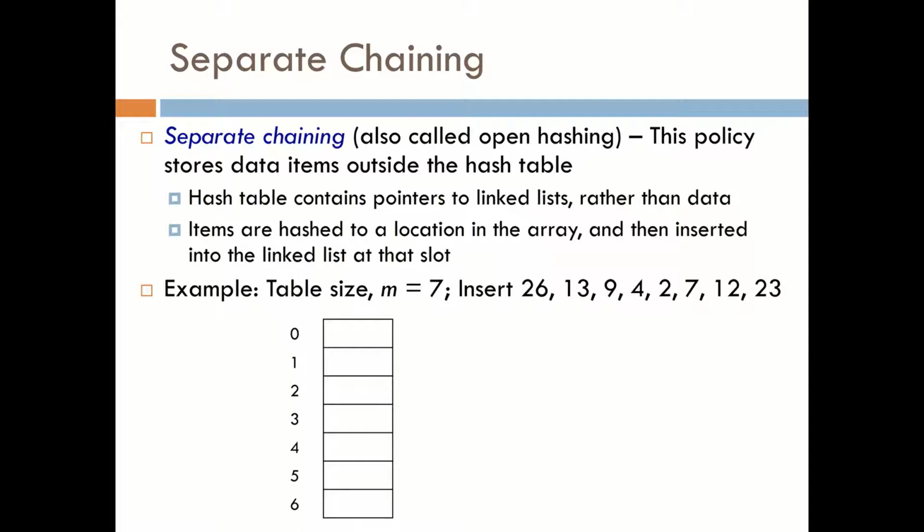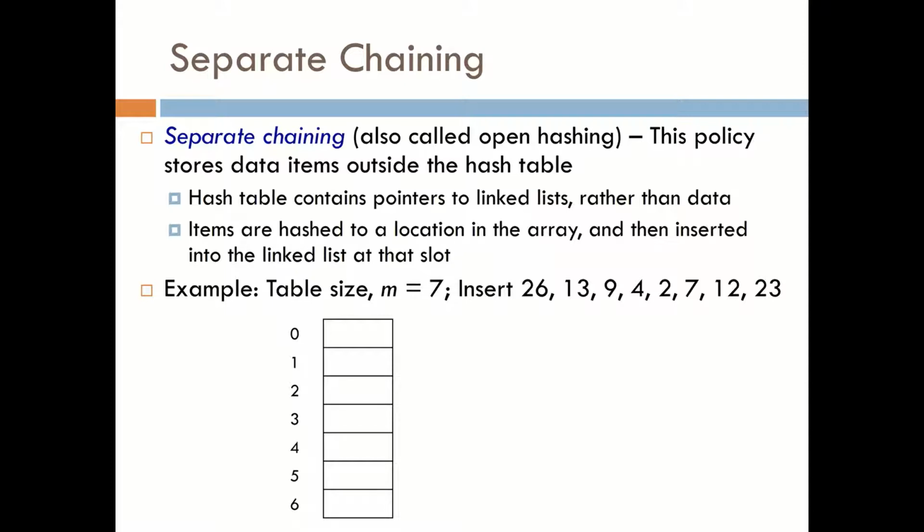So we've picked a prime number 7, and we have allocated our table. And we're going to insert the values 26, 13, 9, 4, 2, 7, 12, and 23 in that order into this hash table, which uses separate chaining or open hashing.